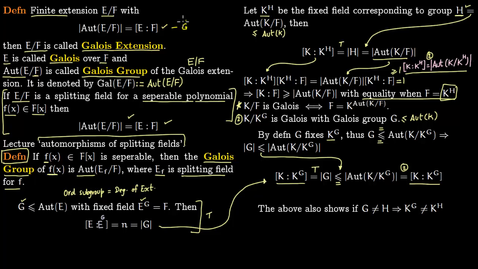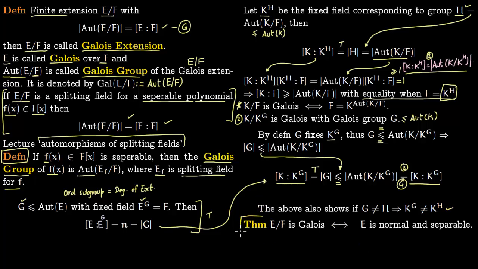Say we'll call this condition G. So this is also condition G. And that's it. So we have proven that K over K^G is Galois, and the Galois group is always the automorphisms of K over K^G. But this group is precisely this group G, with Galois group G. Now this above result 2 also shows that if there are two groups which are different, G is not equal to H, then their fixed fields will also be different.